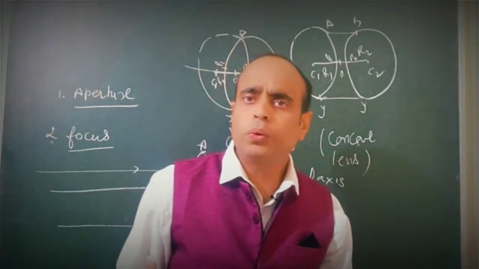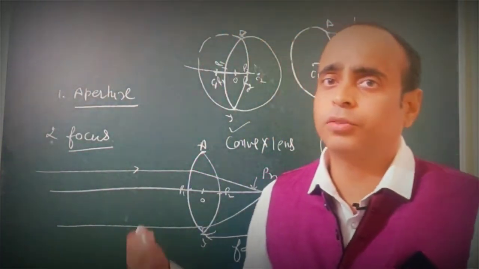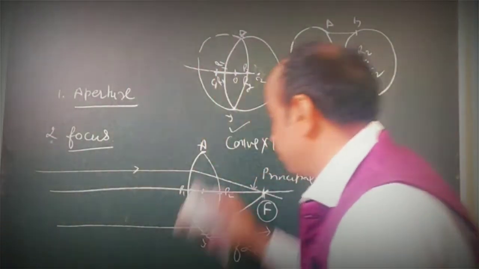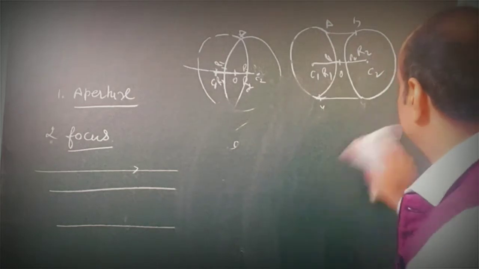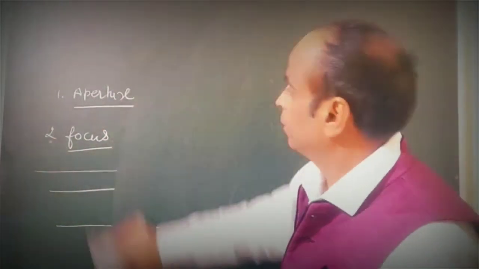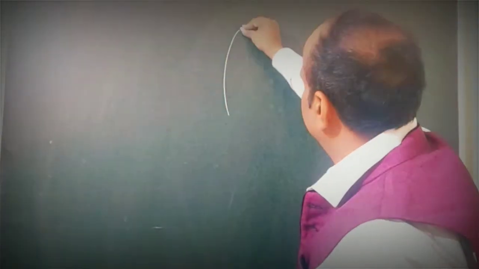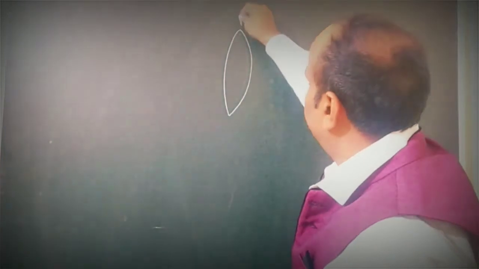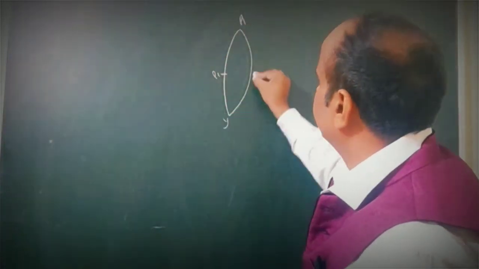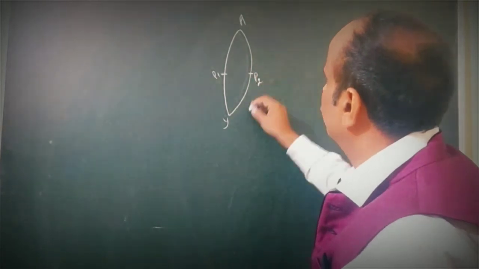Now we want to understand the basic concept behind this particular lens. So dear students, I will explain by a particular diagram how refraction takes place in a convex lens. This is your convex lens, okay, and P1, again this is pole P2.